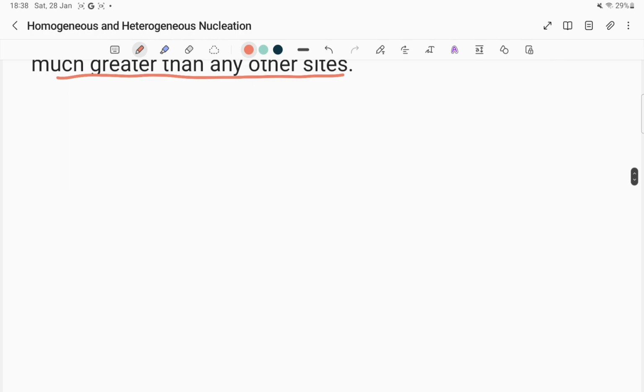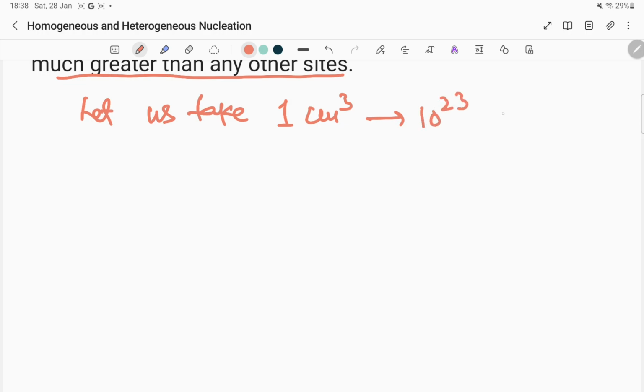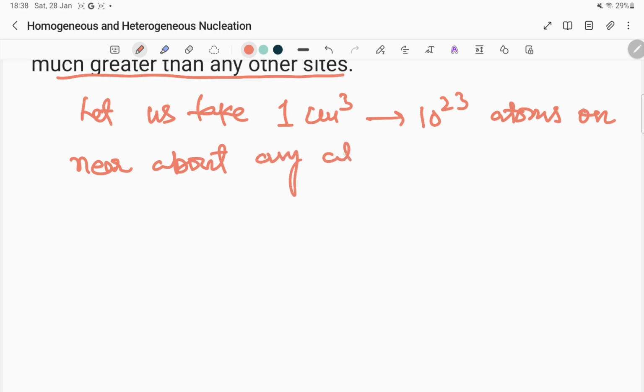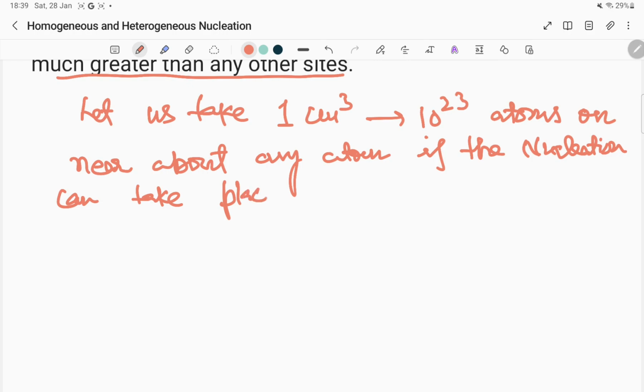Now we will see practically, let's take 1 centimeter volume which contains 10 to the power 23 atoms. If nucleation can take place near any atom, that's called homogeneous nucleation.